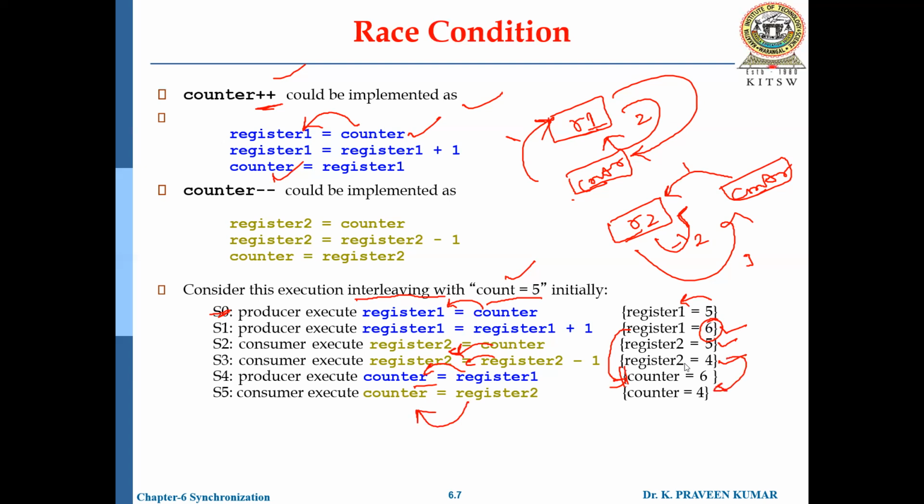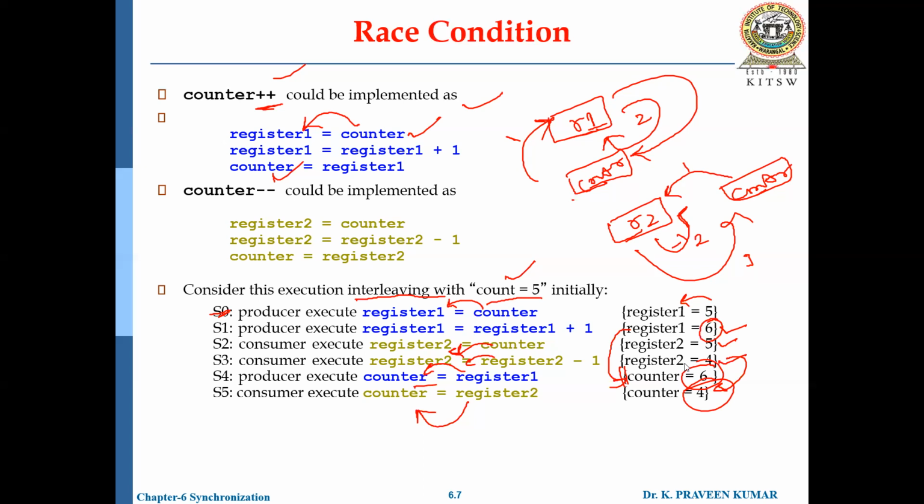Now the counter is having 6 from the producer, and the counter from the consumer is having 4. So this is the problem. See, the counter must be the same. On the producer side, the counter will be increased. On the consumer side, the counter will be decreased.